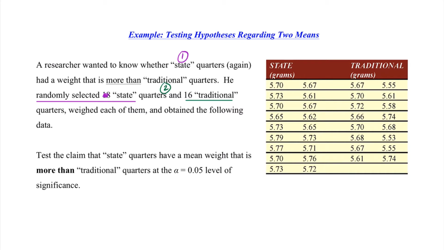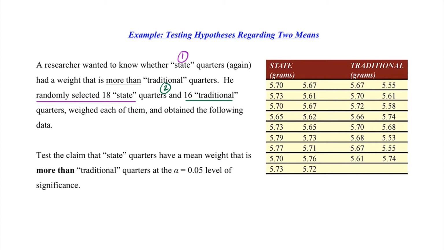That is, if we had selected 16 state quarters and 16 traditional, we would still have independent sampling here. So it's not enough to just know the fact that if we have different sample sizes, it must be independent sampling, because we may end up with the same sample sizes. However, if we are presented a question like this that does have different sample sizes, it makes it a bit easier for us to recognize it must be independent sampling.